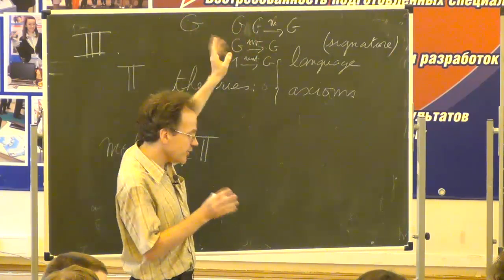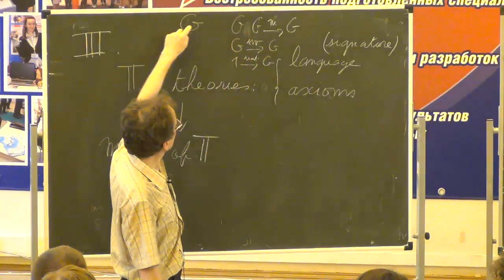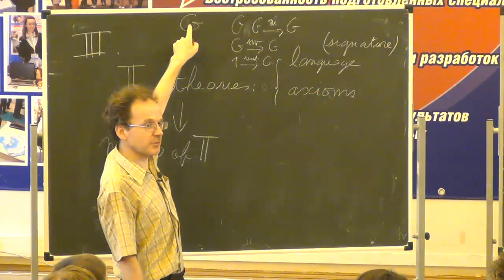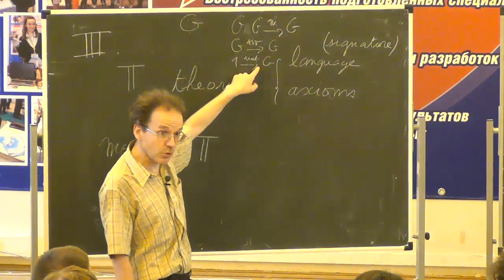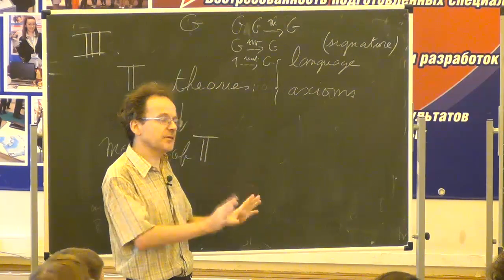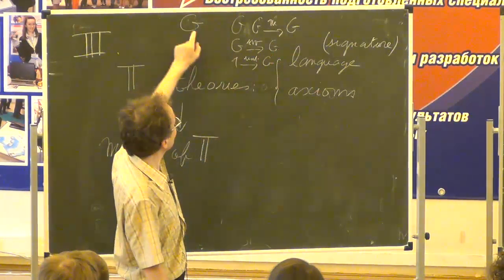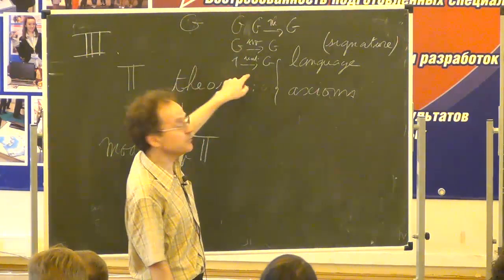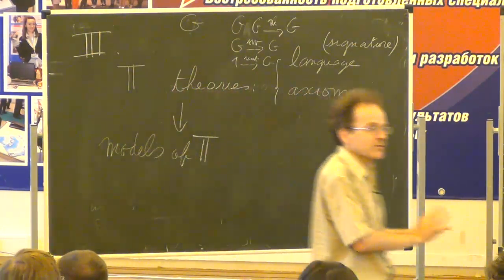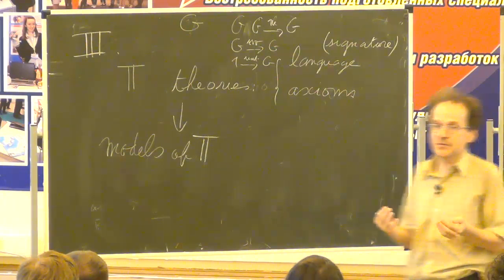You see, here there are 2 different types of objects, because this will be interpreted as objects, and this will be interpreted as arrows. So this means that in the basic language of the theory of groups, there are 2 types of words. One type for names of objects, and names of maps. But at the present moment, they are not interpreted. They are just names. At this level, they don't mean anything.